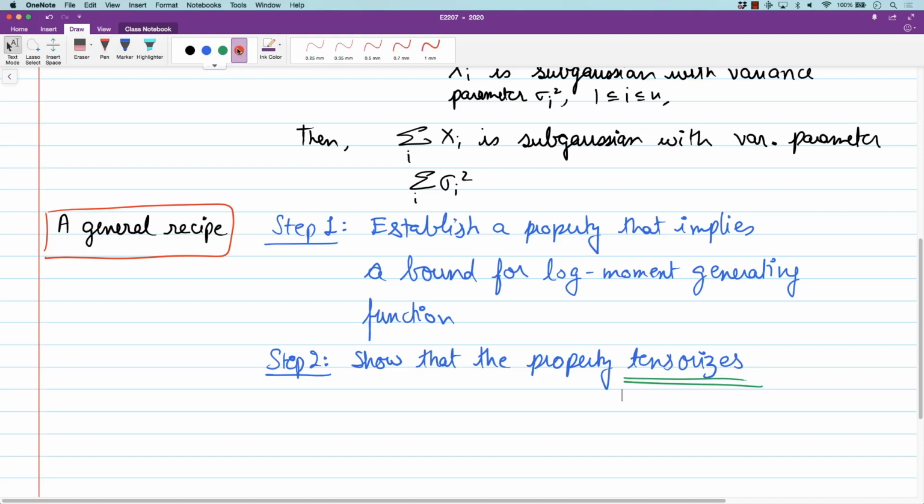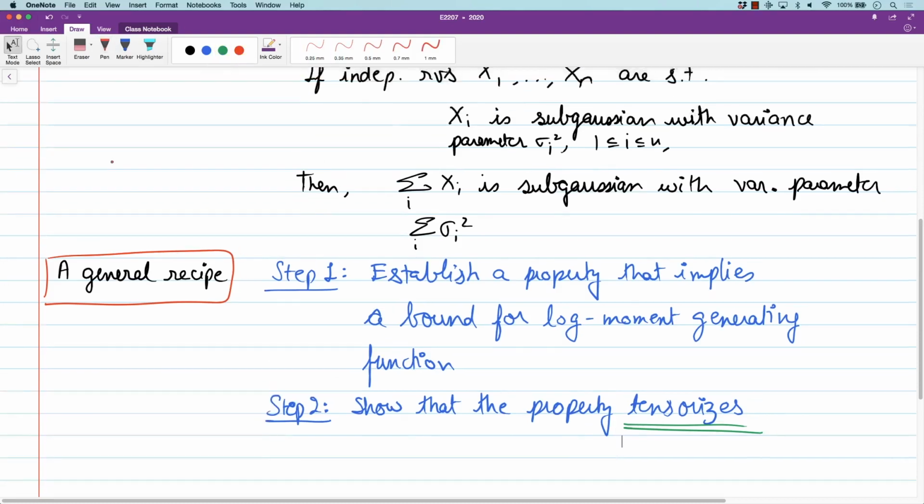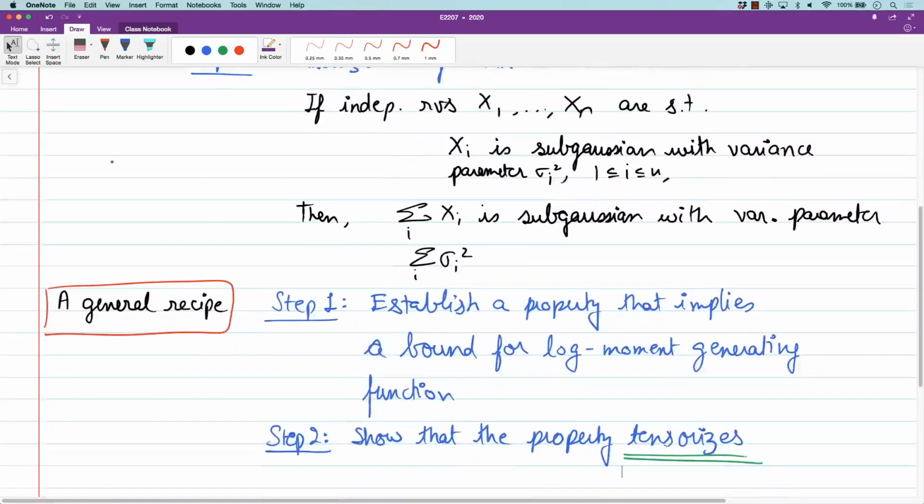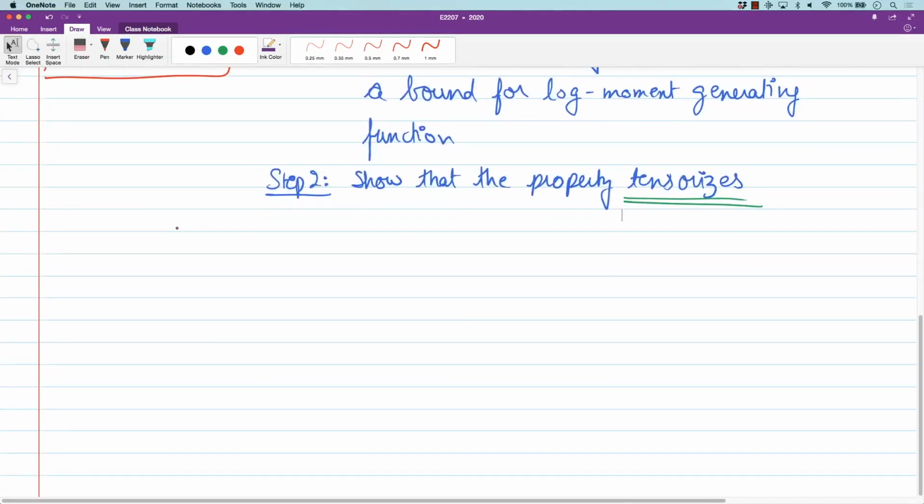So with this general recipe in our mind, what I'll now present is how you can use the Efron-Stein inequality to establish a concentration bound. This is the main topic of this lecture: concentration bound using Efron-Stein.